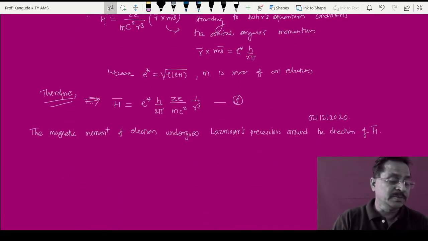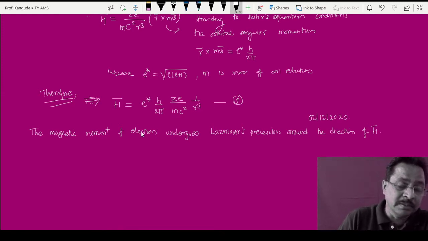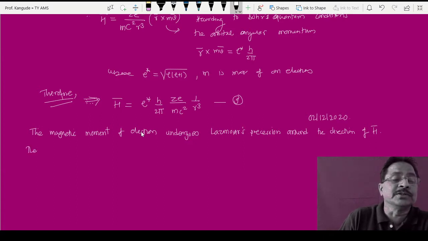Now this particular precession is given by, so again here we are using another different mathematical concept, the angular velocity of Larmor precession.